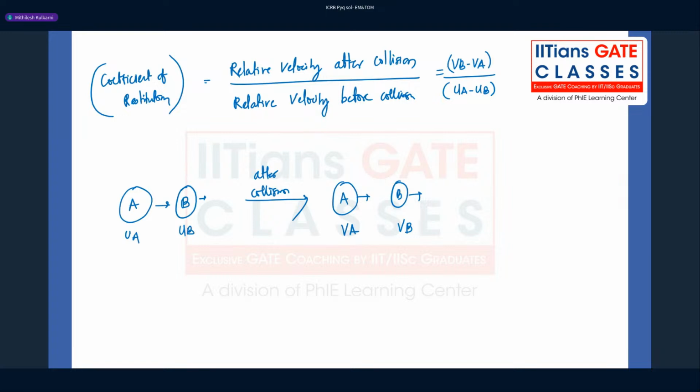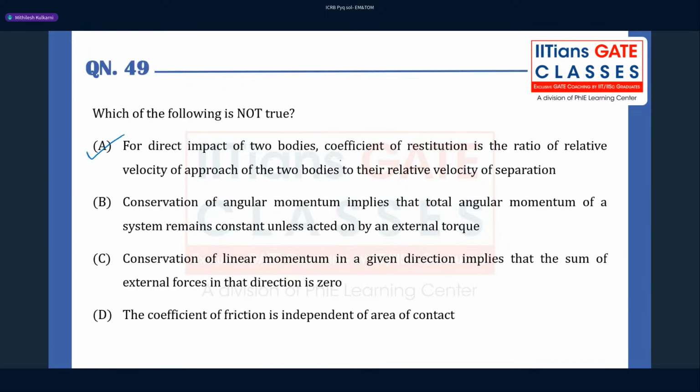Ultimately it's a relative velocity, the difference between the two velocities. So it's after collision to before collision, whereas they have mentioned here velocity of approach to separation, which is incorrect. The not true option in this case is option A.